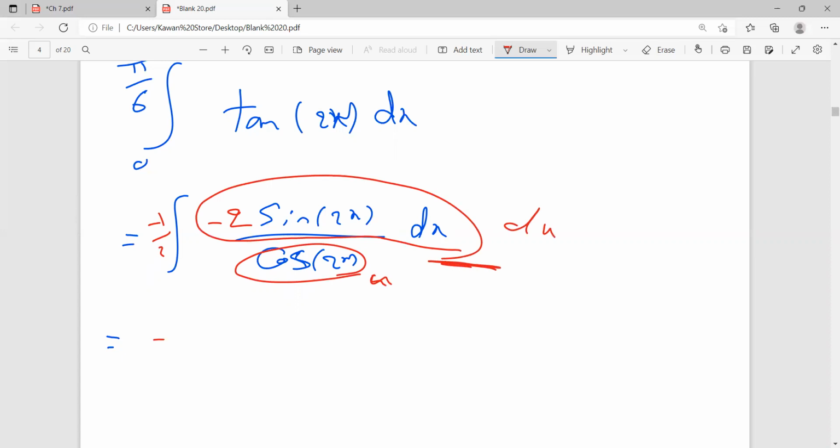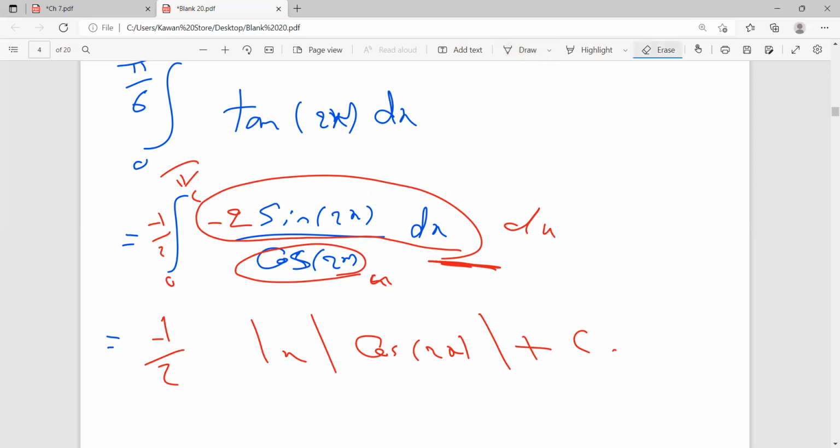So how do we solve that one? Ln of, understood? Okay, instead of c we have what? We have boundary. So I'm going to put the boundary here, and we know how we solve this.